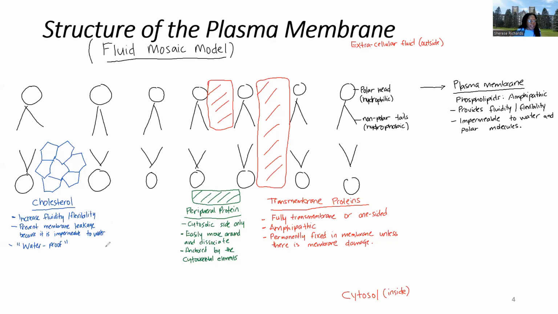The other thing we want to say is that it decreases the rigidity of the membrane, and it sort of breaks up the interactions between the phospholipids as well. So the phospholipids can begin to crystallize or become very rigid and fixed.